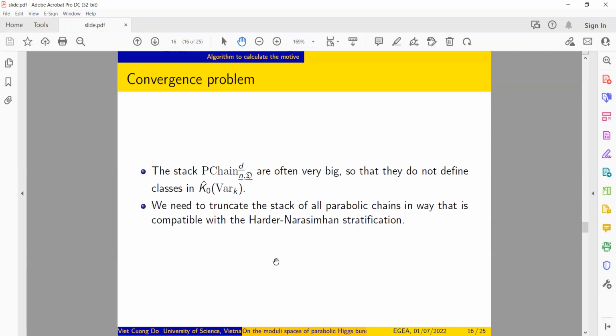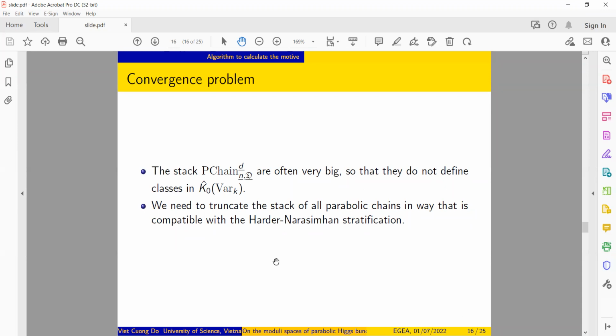So that means you have something very big that you cannot calculate. In some sense, maybe it doesn't work. So we need some kind of truncation, which means we remove something to have something smaller that we can calculate.